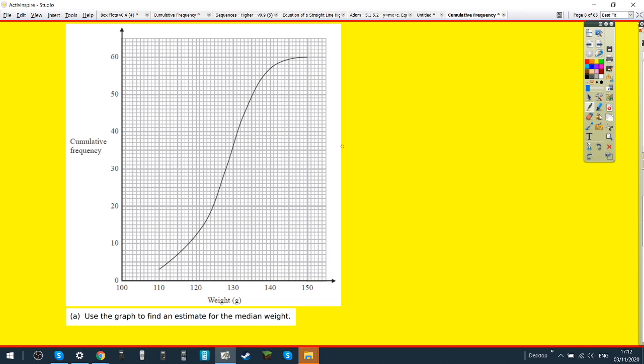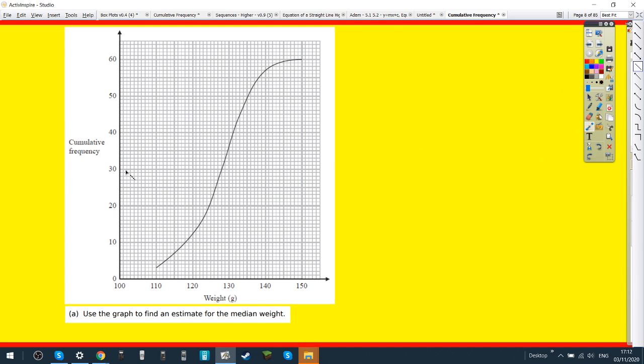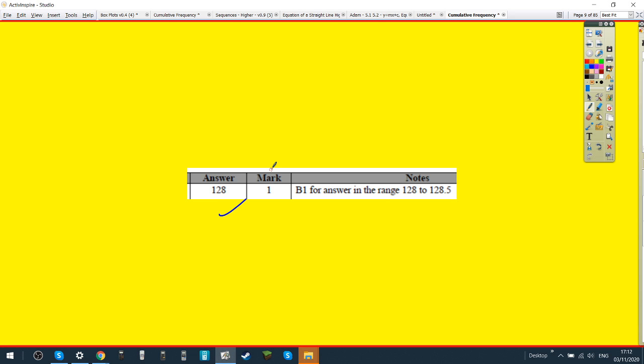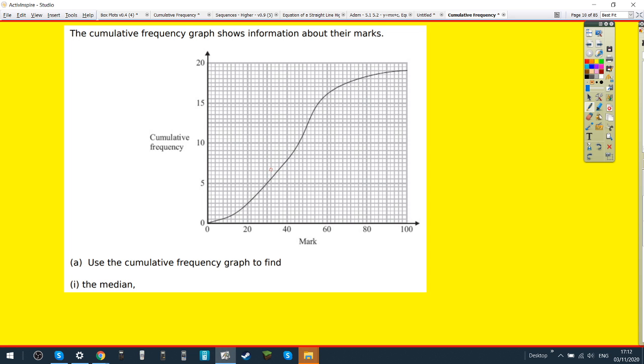The median is 30, and it is 128 online. Yeah, got it. 128. Great. How about this one?